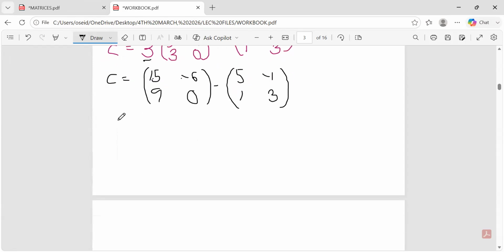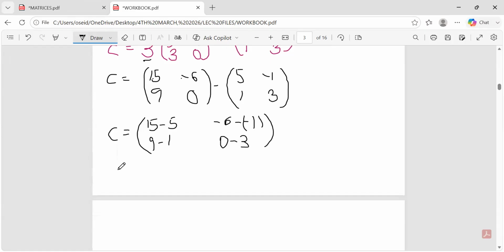So matrix C will be equal to 15 minus 5, then 9 minus 1 for the first columns. Then we get -6 minus -1 because we already have -1 coming. Then 0 minus 3.